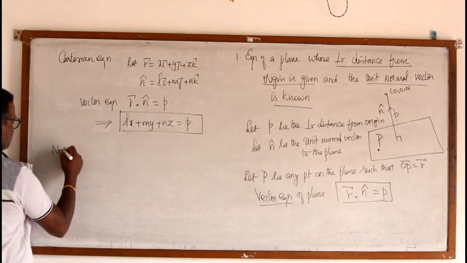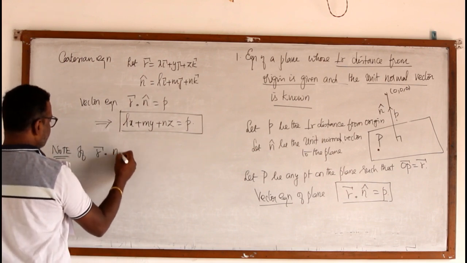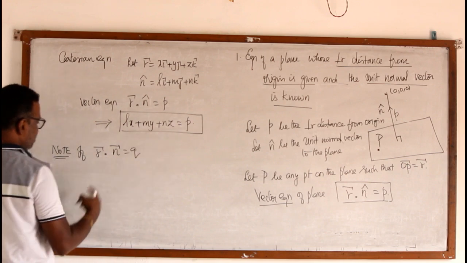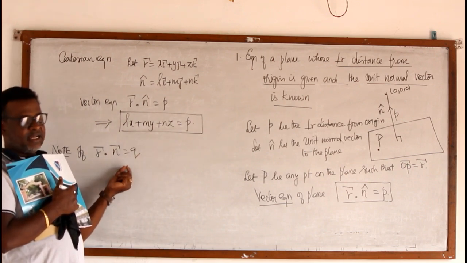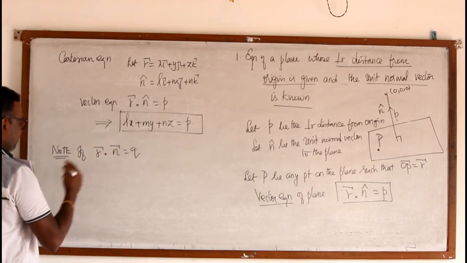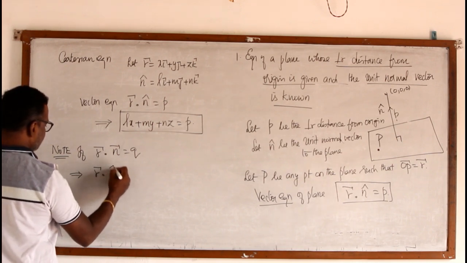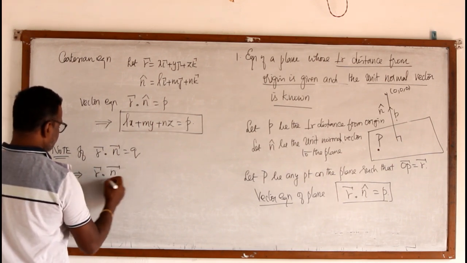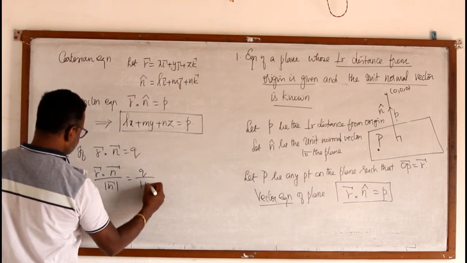So take it as a note: if r dot n vector equals some other q, n vector is not the unit vector and therefore q is not the perpendicular distance. Therefore, if I divide by modulus of n vector, then I must divide the other side too, isn't it?